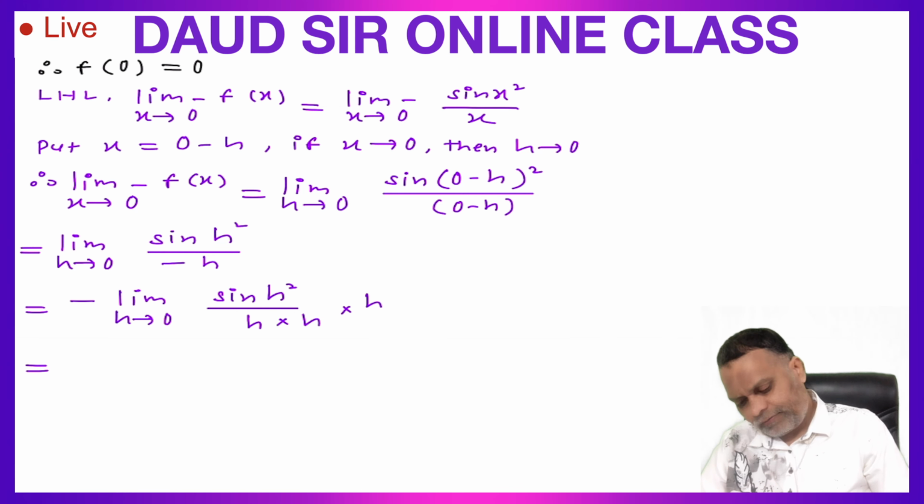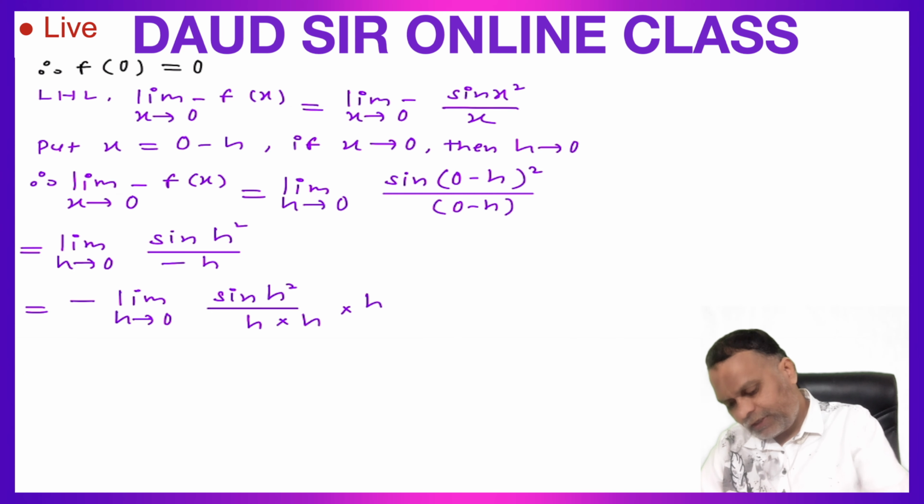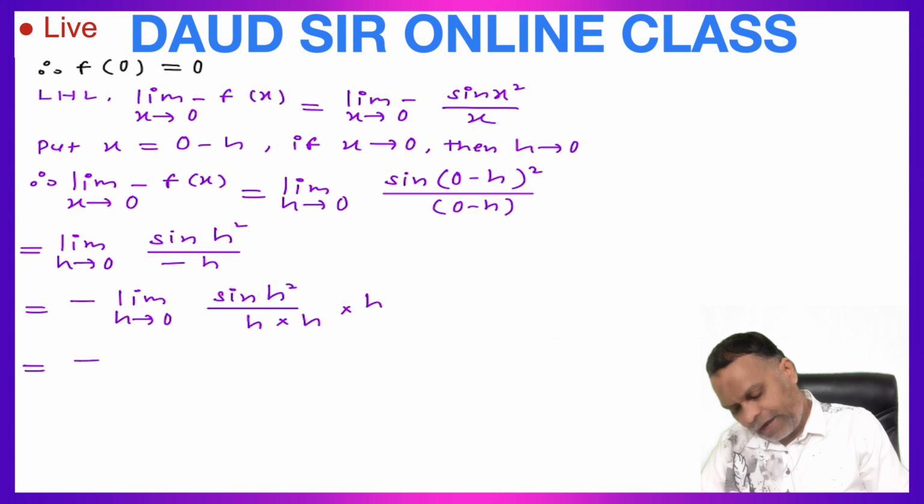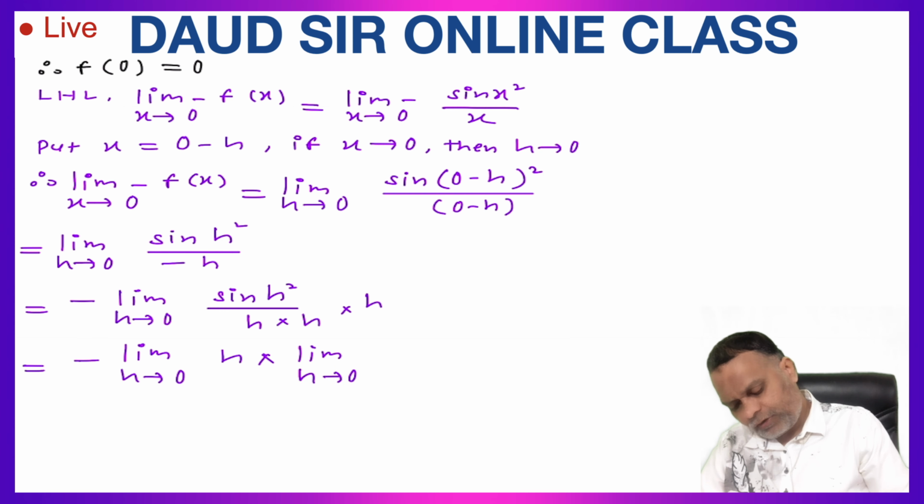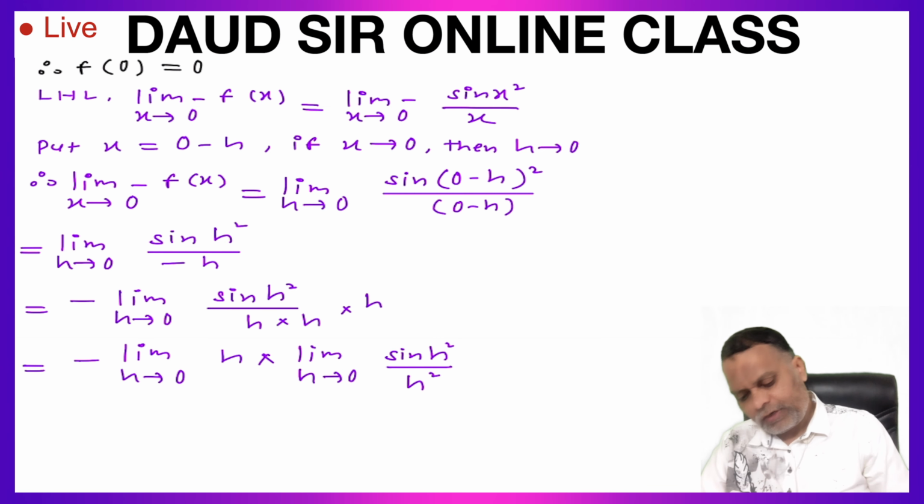Which is equal to minus limit h tends to 0 h into limit h tends to 0 sin h square upon h square.